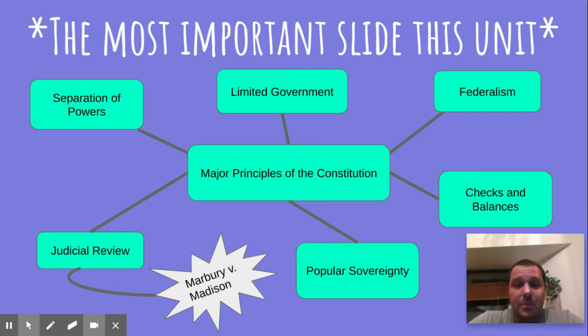So probably the most common example that you'll see is the power to veto. So Congress makes laws, and the president has the ability to veto laws that Congress is thinking about trying to pass. So that's one example of checks and balances.